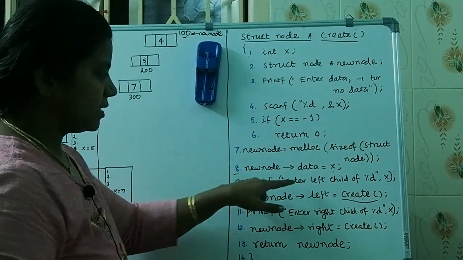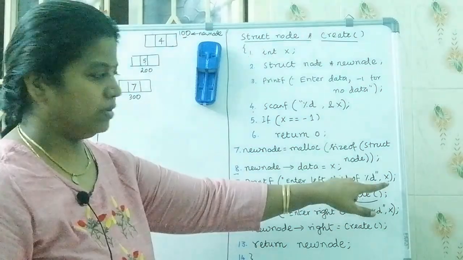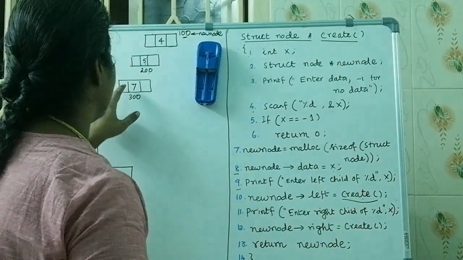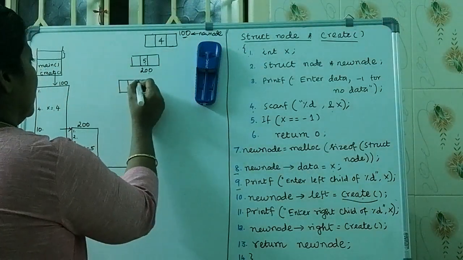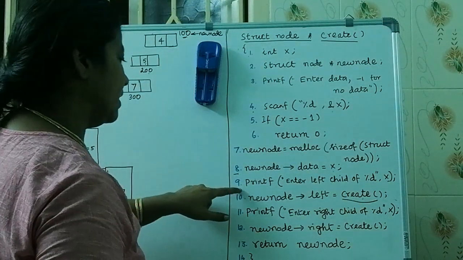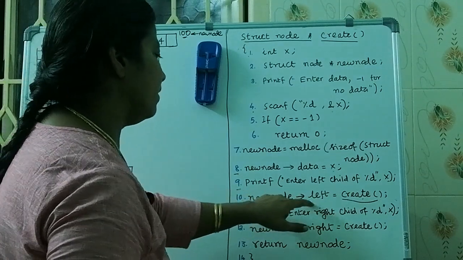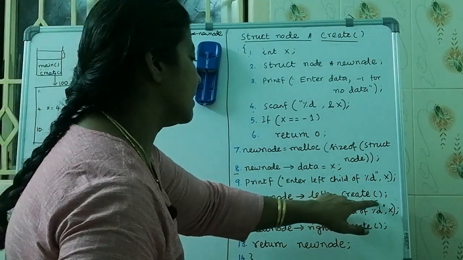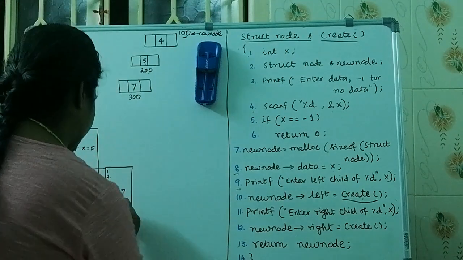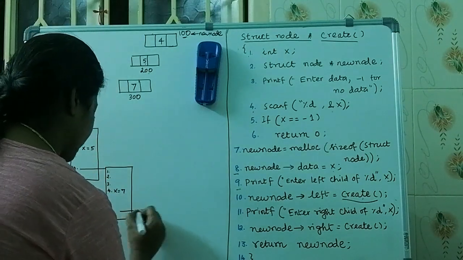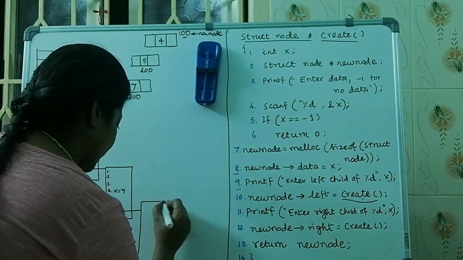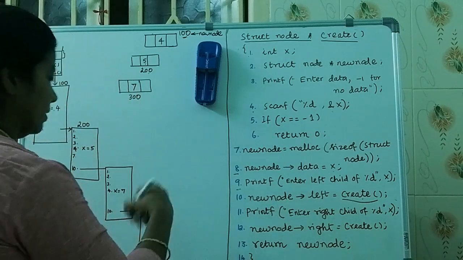Then it again asks enter the left child of, what is the x value? 7. Enter the left child of 7. It prints, then again it calls new node of left equal to create. So it again calls the create function. Upon executing line number 10, it gets called once again.